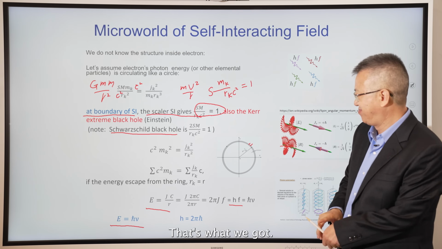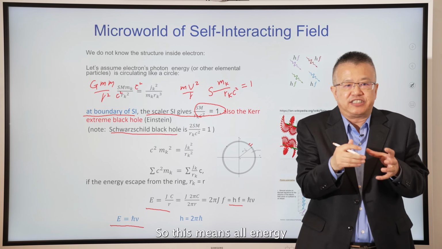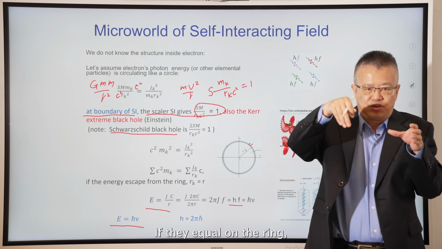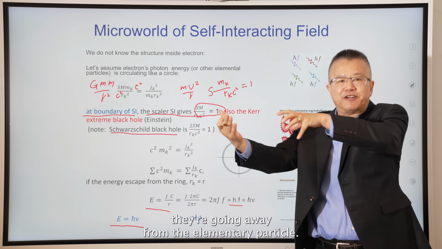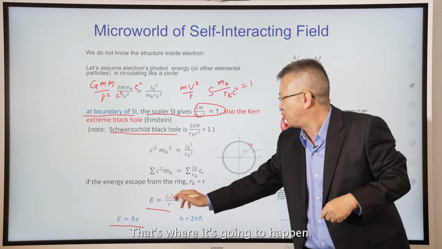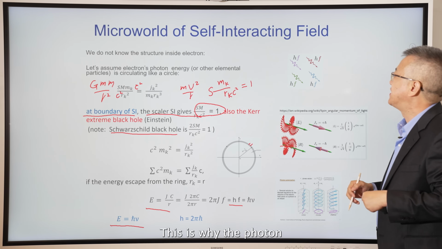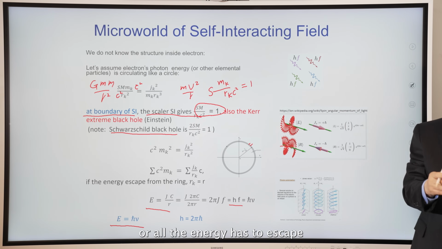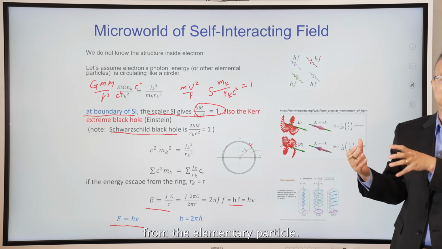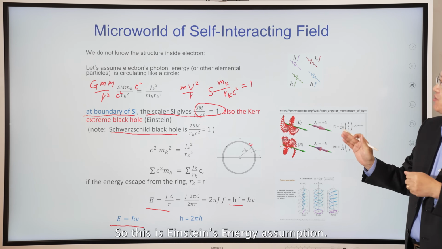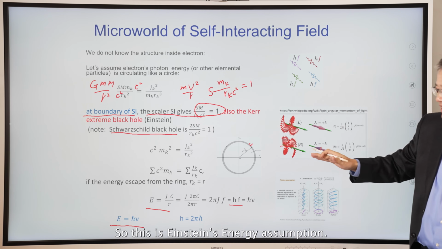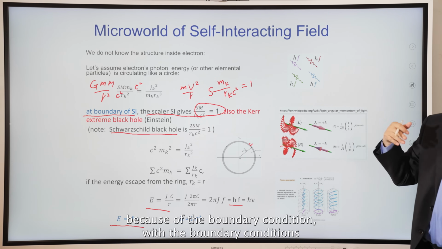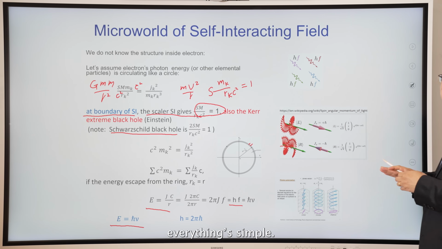That means all energy escaped from the elementary particle. If they're an equal ring, they're going away from the elementary particle. This is why the photon, or all the energy, has to escape from the elementary particle. This is Einstein's energy assumption. Where did it come from? Because of the boundary condition. With the boundary condition, everything is simple.